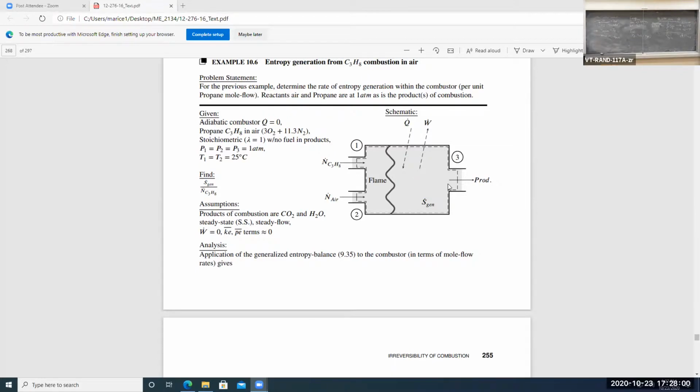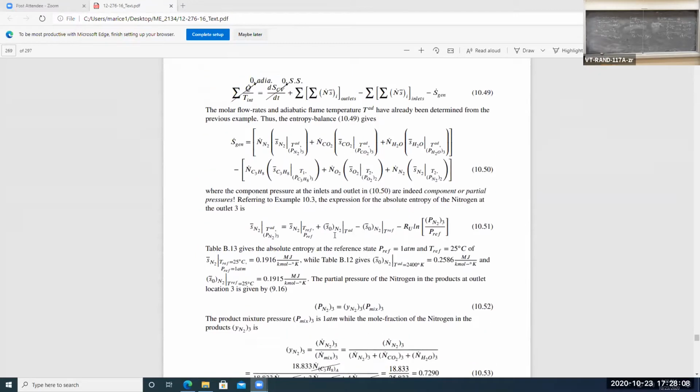So the pressures of each component are not equal to the outlet mixture pressure. They are partial pressures. So you look here at how to calculate S, including the chemical enthalpy. You see here that you have the partial pressure of the N2 at the outlet. Here's P ref. Here's your S naught stuff.